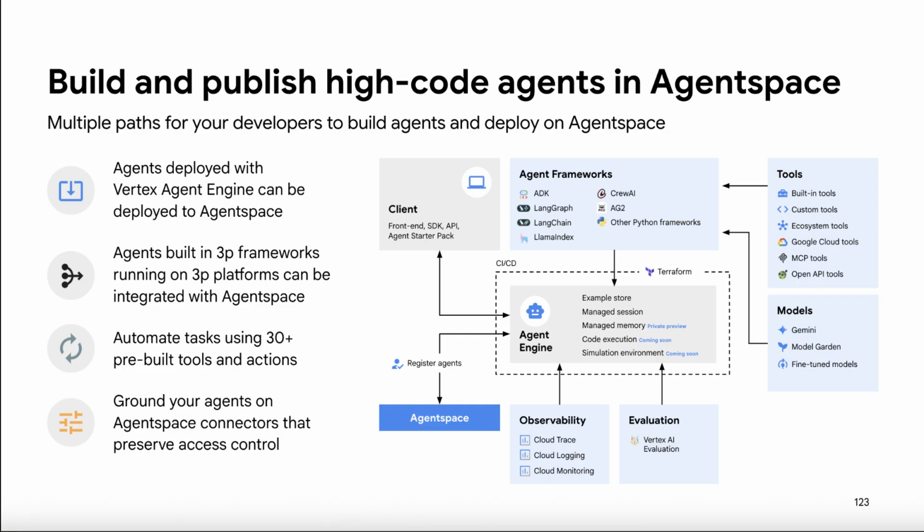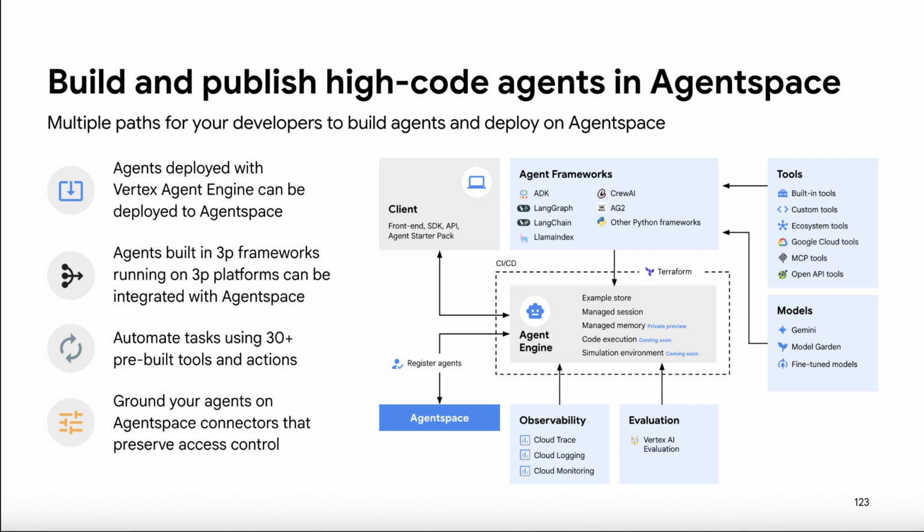You have an option to deploy this agent on Google Cloud Platform, on a fully managed service known as Agent Engine. Agent Engine supports all the open source frameworks which are available today, and obviously we continue to expand.